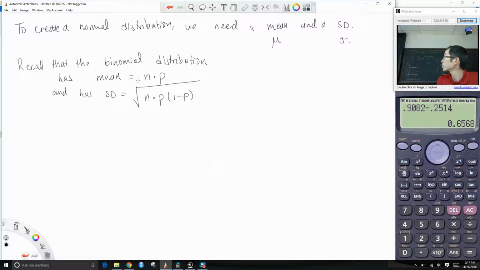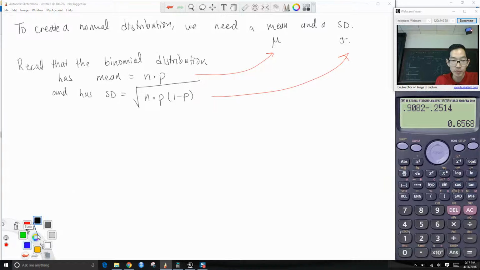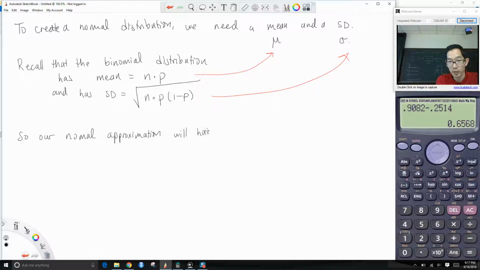And so we're going to take these and plug them in here. So our normal approximation will have mu equal to np and standard deviation equal to the square root of np(1 minus p).